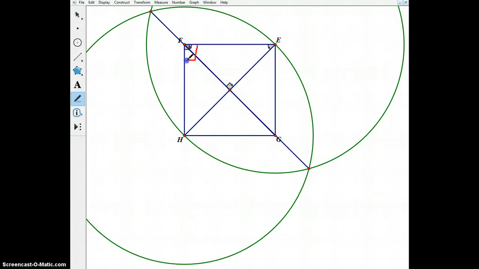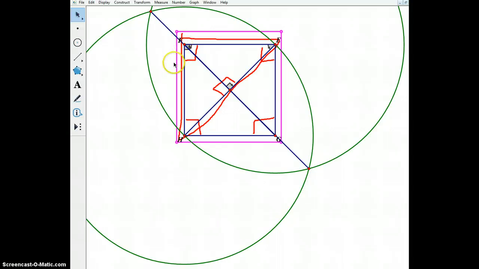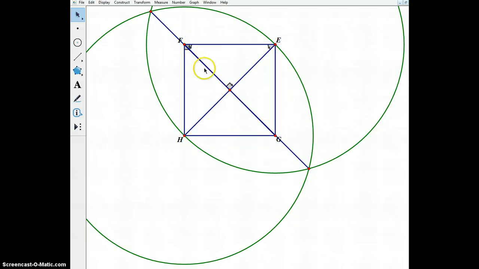So if we look at this triangle right here, we notice we have a 90 degree up here, we have two 45s, and that means that each side is 90 degrees. So if we do the same thing over here, we have four sides that are 90 degrees. That's not the only property that we have.